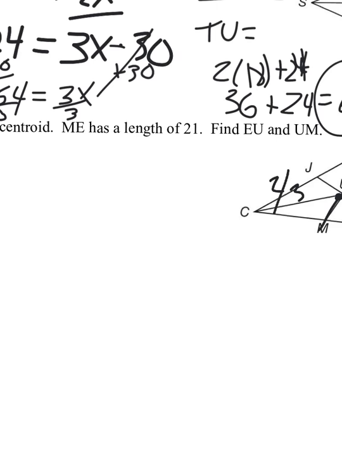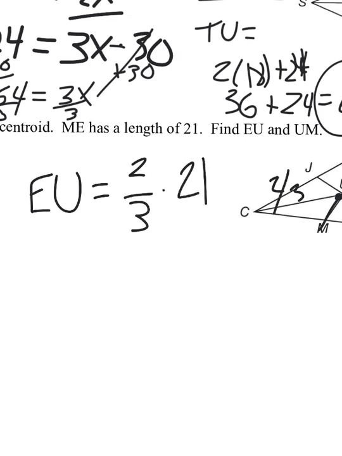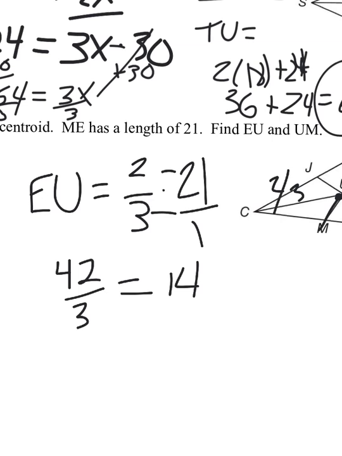For this problem, EU is going to be the longer part. So EU is 2/3 times 21. You do have to multiply by the fraction. You have your calculator, that should make it easier. But even if not, if you multiply straight across, 2 times 21 is 42, divided by 3 is 14.